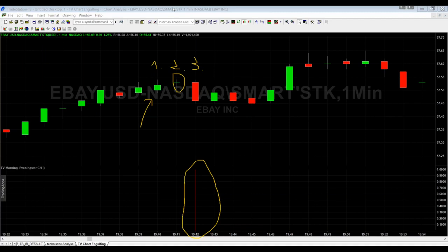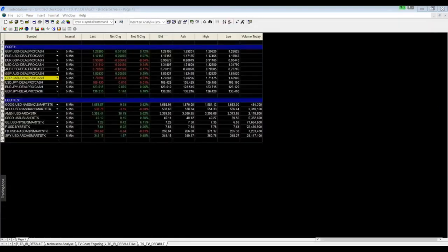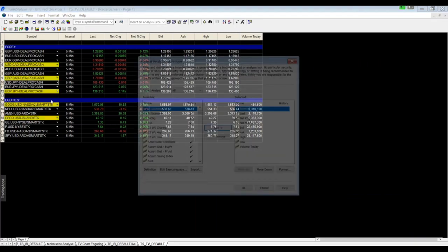For example, to show you how this looks, I can open a new workspace where we already implemented a few indicators like this. Just a second. So just to show you an example, I would have the radar screen here with just some equities and some forex symbols, and it's exactly the same as what we had in the chart analysis.